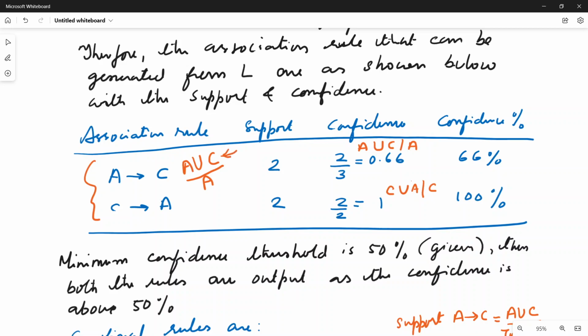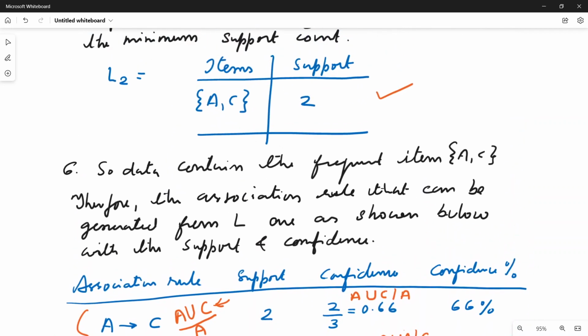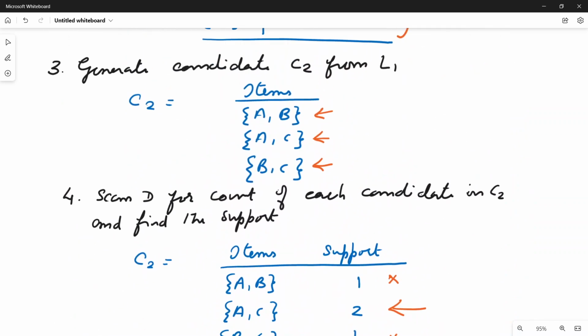Numerator A union C means both A and C. So we need to find the transactions which have both A and C, divided by the transactions which have A. So we will go and see the original table here.